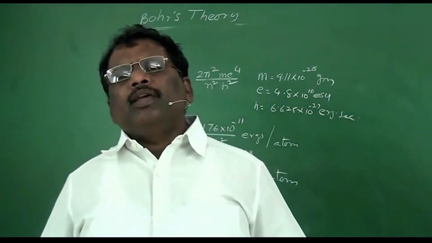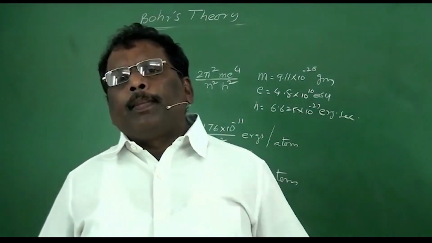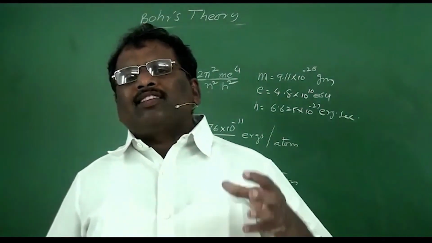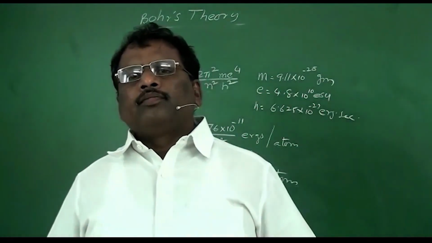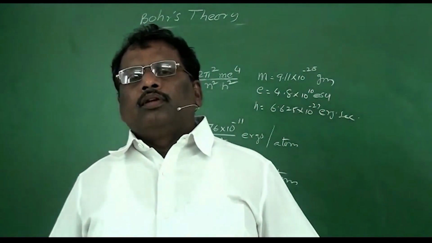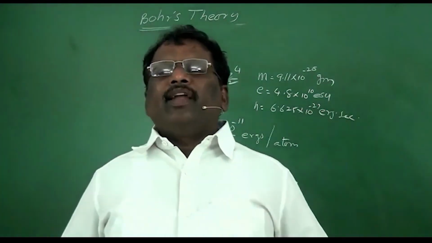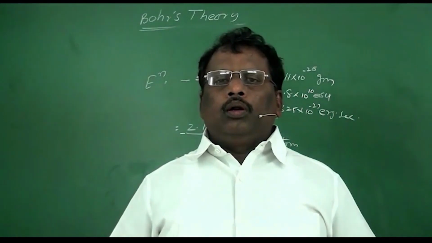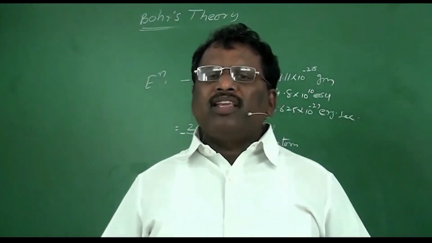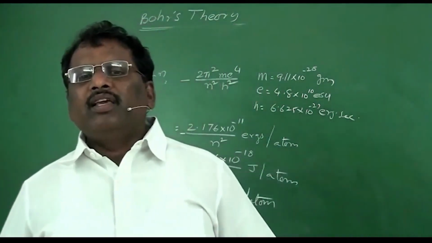That spectra is said to be a fine spectra. Why is this fine spectra forming? That reason was not explained by Bohr. He was unable to give a reason for the fine lines of the spectra.